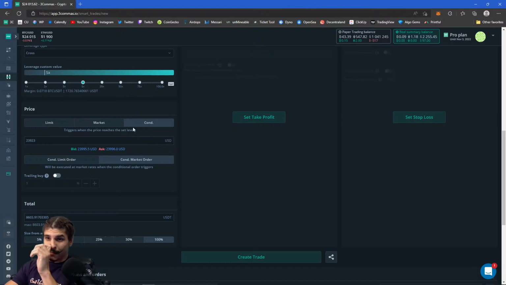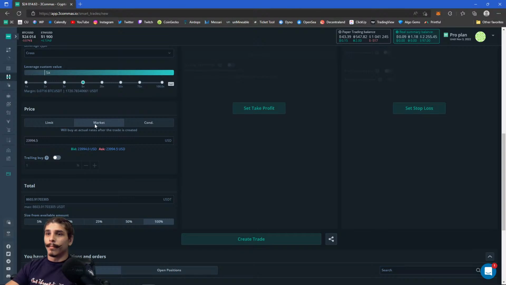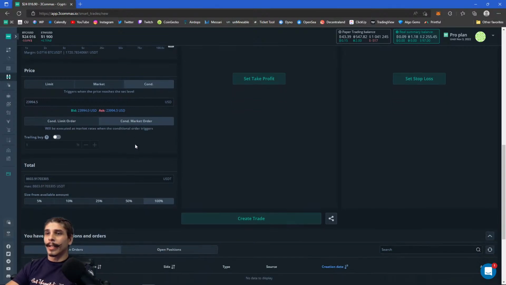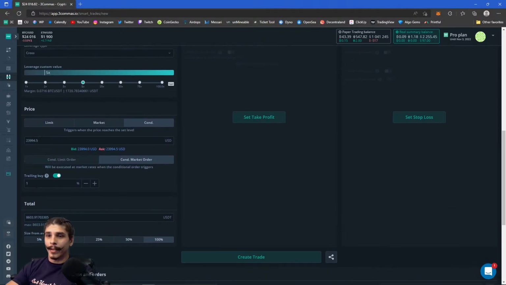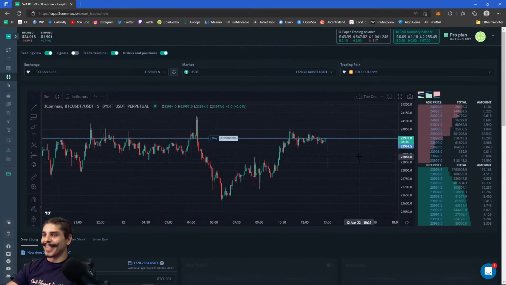Okay, so now I'm going to go ahead and run it back to market order real quick. Or yeah, we'll just leave it as a conditional market order. We can use trailing buy. So however much percent you put right here is going to be... Let me come up to the chart and talk about this.